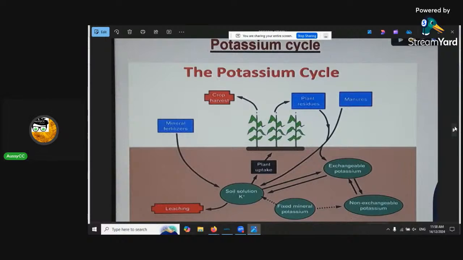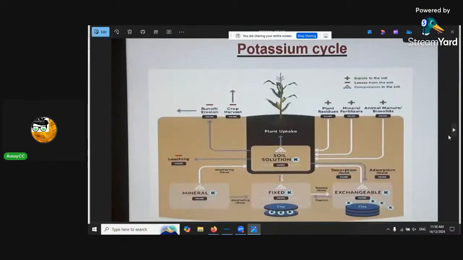Potassium cycle, relatively simple. It's like everything else, it can be leached out. I'm not really going to go through it. It's very straightforward: add your inputs, take your exports out, keep it cycling around.